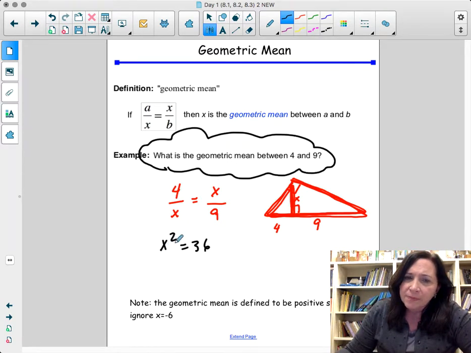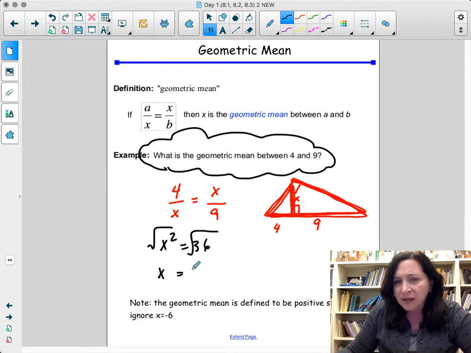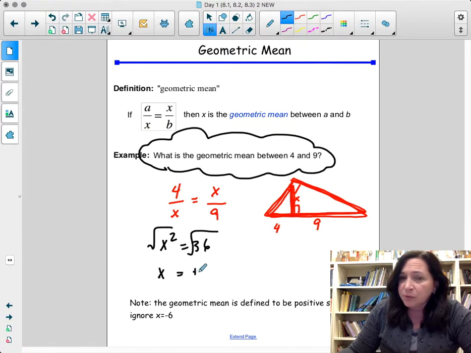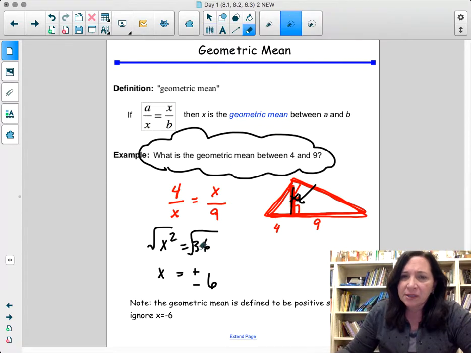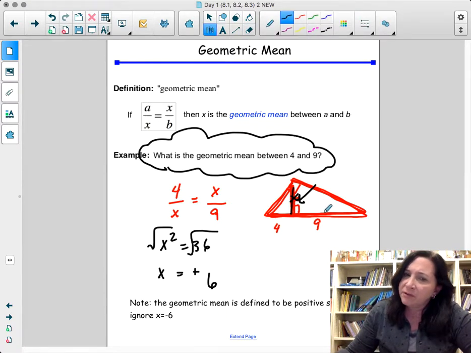To solve for x, we're going to square root both sides. And in doing that, I get x equals, technically, if I was in Algebra 2, I would say plus or minus 6. But again, if you think of x, this is x right here. This is my height. Negative 6 is not going to be one of my solutions, okay? So that's going to be gone. You can only have a positive value. So my answer would be x equals 6.